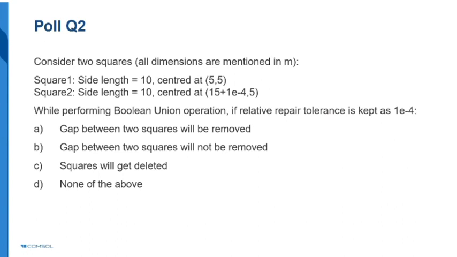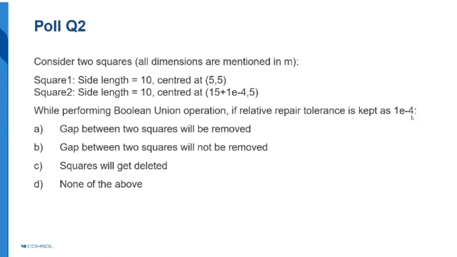Thanks for your feedback. The majority of you have given the correct answer, that is option 1: the gap between these two squares will be removed. I was mentioning it carefully that the side length is given as 10 meters, so see what absolute repair tolerance will be applied, because here the relative repair tolerance is 1e-4.